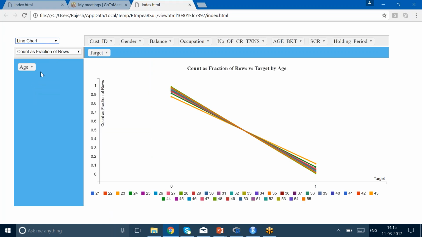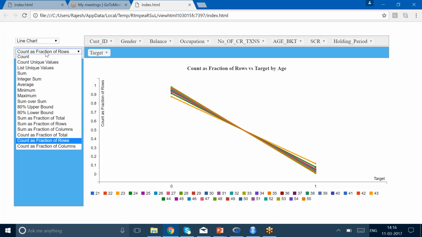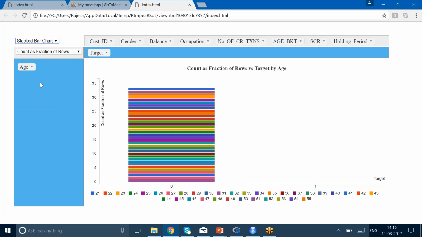Line chart. Line chart, count as a proportion. What are these things showing? Many red colors. I want to show not a line. Let me put a stacked bar chart.